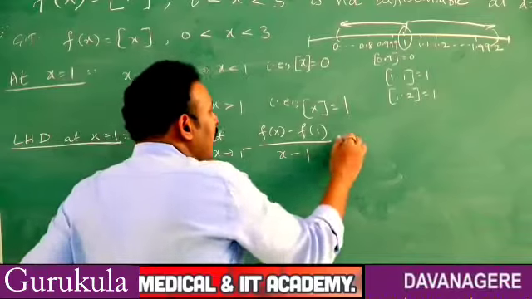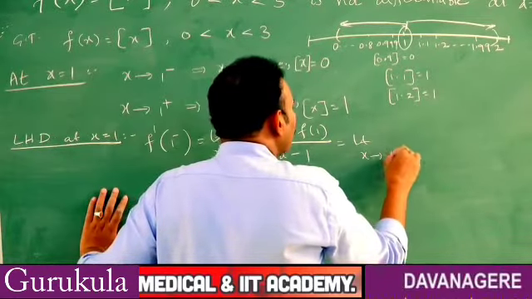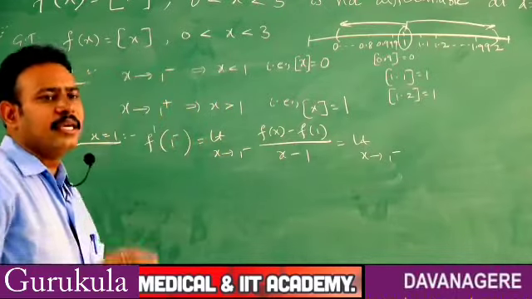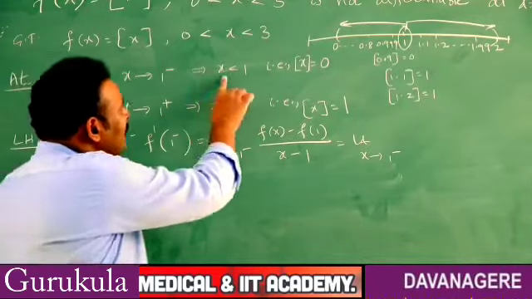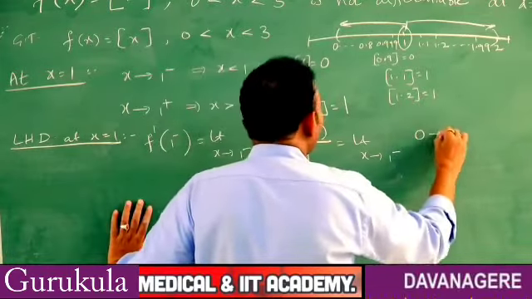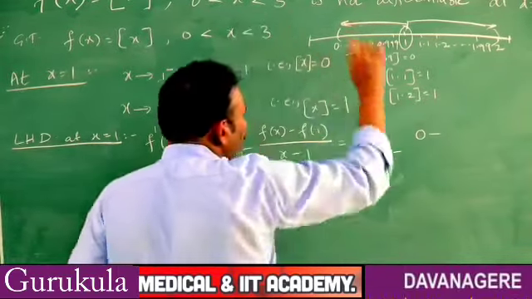Limit x tends to 1 minus, f of x value is, x is less than 1, greatest integer function value is 0, minus f of 1 value.